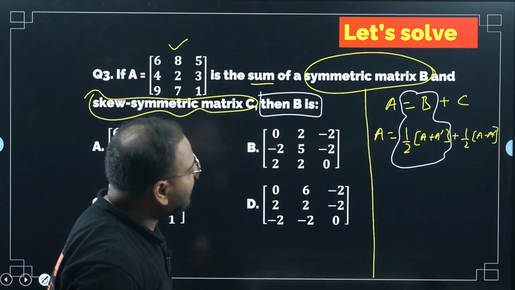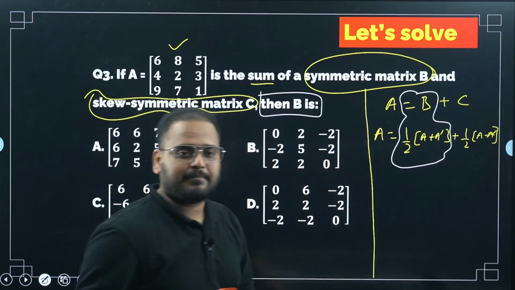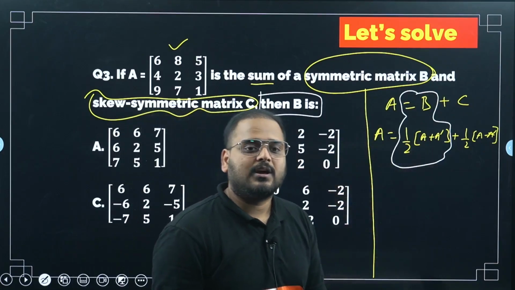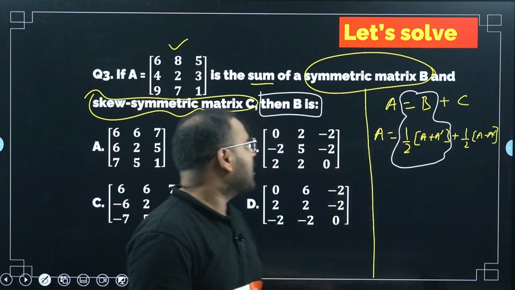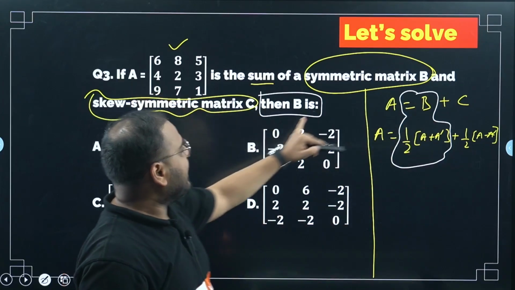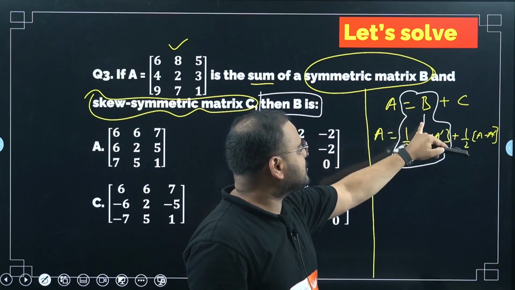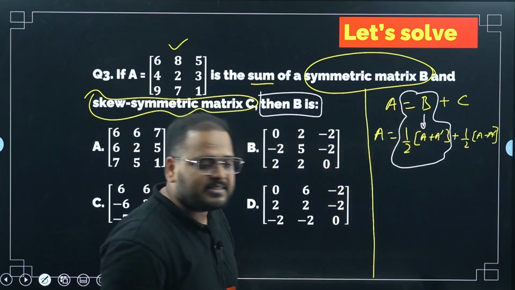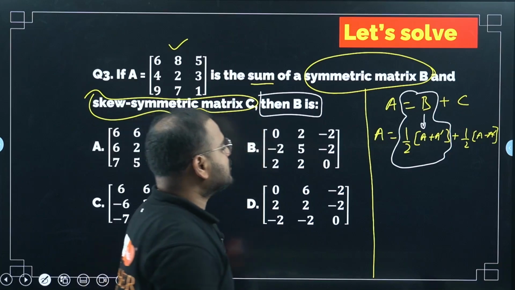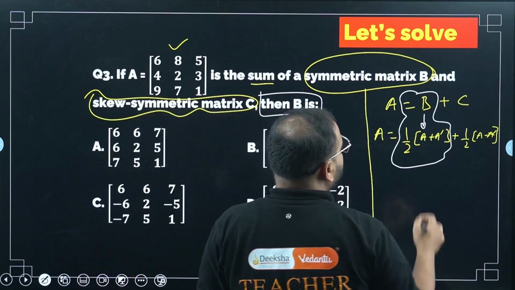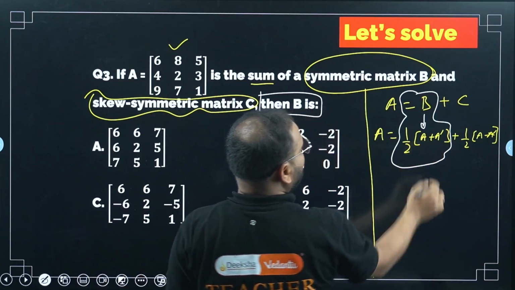If I can find half of A plus A transpose, then I can write that as B. Why, sir? Because they are saying I am writing A as symmetric part plus skew symmetric part, and isn't B the symmetric part? Yes, sir. So for that reason, I can just find half of A plus A transpose.